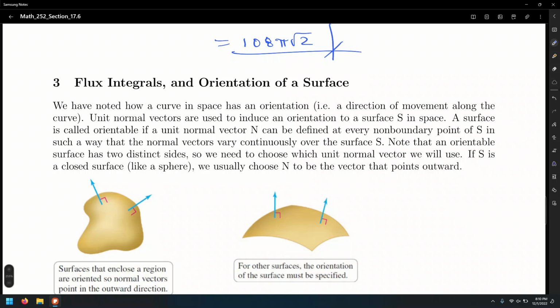Okay, so unit vectors, but that could be unit, it doesn't matter. The thing is, normal vectors are usually used to induce orientation. For example, grab your pencil and grab your paper. Think of this as your region, the contour for this region.